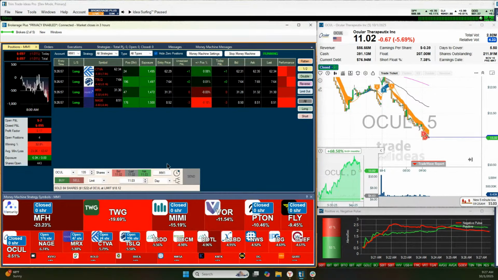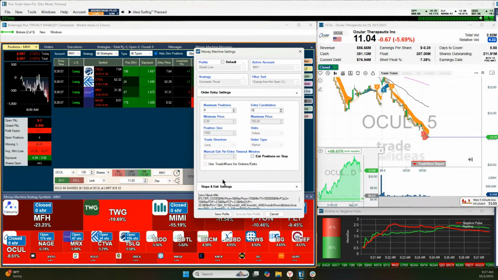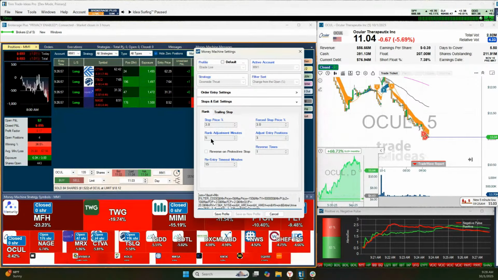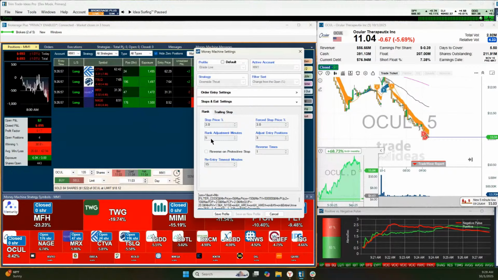MB, I'm pretty sure that the money machine will exit auto on, let's see, settings. Let's look at stops and exits. I'm pretty sure that at the end of the day, if you have it running all day, it will close.